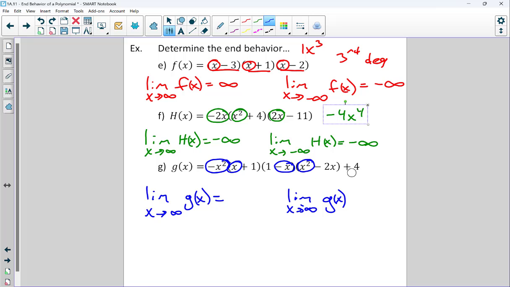Keep in mind, if I add 4 to the end, that's going to have 0 effect on my leading term. So I'm just going to multiply those 4 terms together. So a negative, so it's going to be a positive 1 x to the 4, 5, 6. So my leading term is positive 1 x to the 6th. Right side is positive, so up. It's even, so the left side agrees.